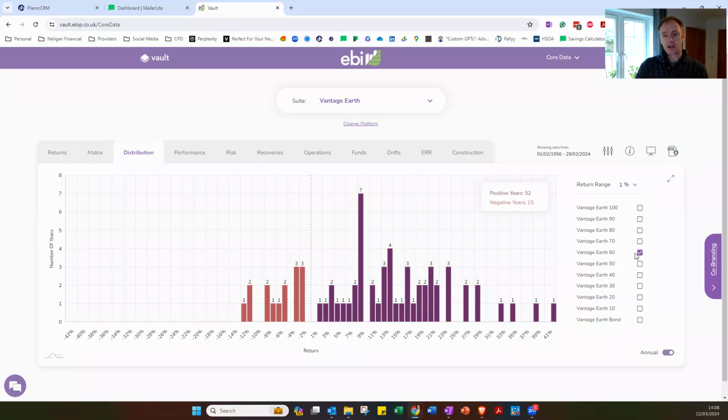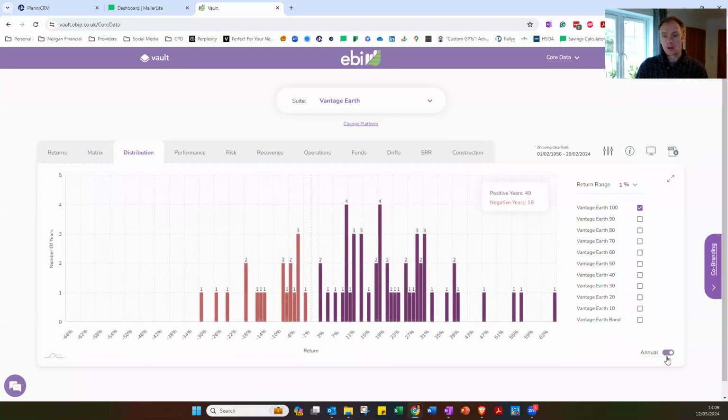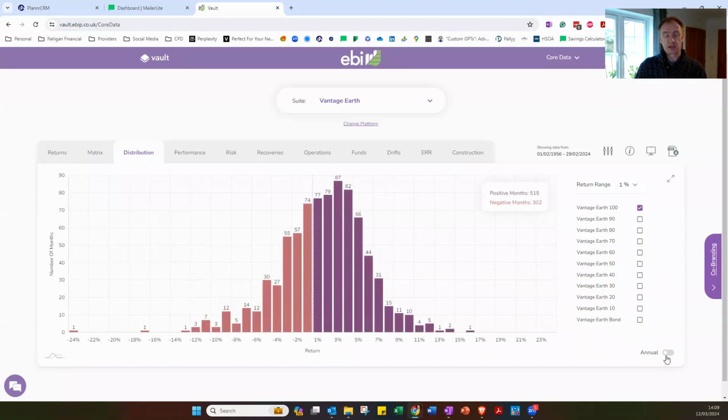Now that's looking at a balanced, medium-high investor. What if we look at a higher risk investor, someone investing 100% in the stock markets? If I go back to monthly returns, you can see it still has that classic bell-shaped shape to it.